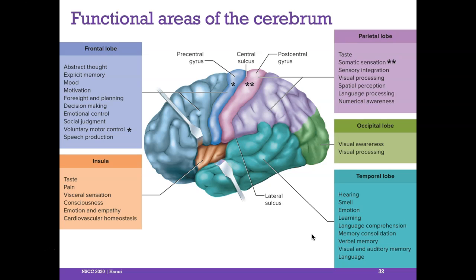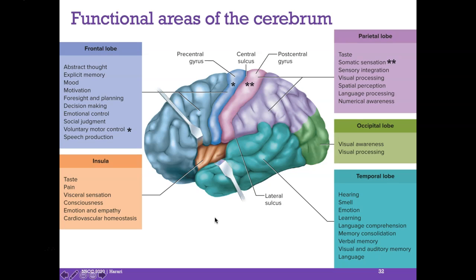We'll see that the hippocampus, which is a different part of the limbic system, also has a role in memory formation. But as far as consolidating memories and verbal memory, things that you just hear or just see, the temporal lobe is processing that. And again, there's a lot of overlap.